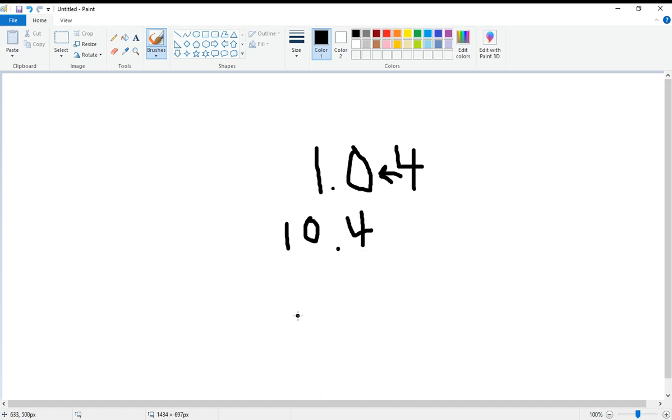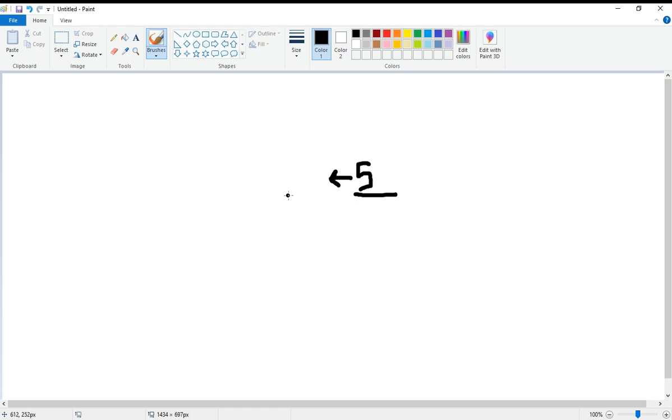And this is where place value really helps out. So if I have 5 times 10, 5 is in the ones place now. It moves to the tens place, and you put a 0 in there.